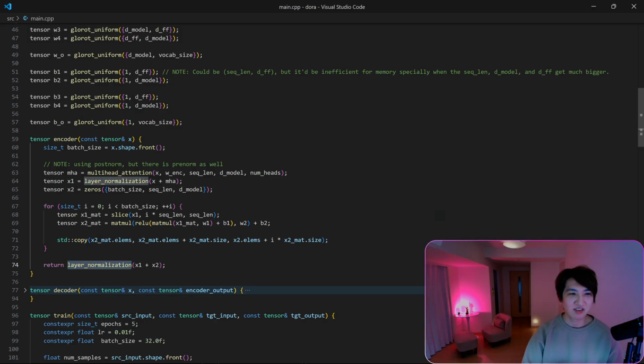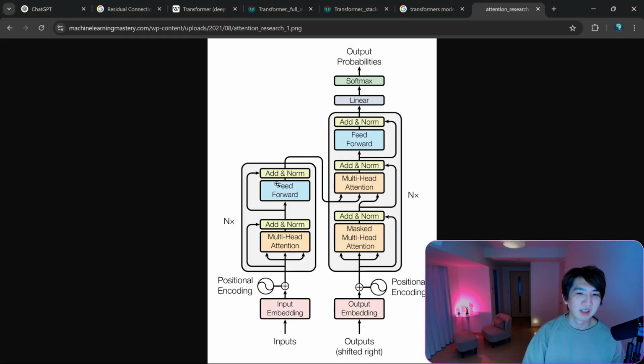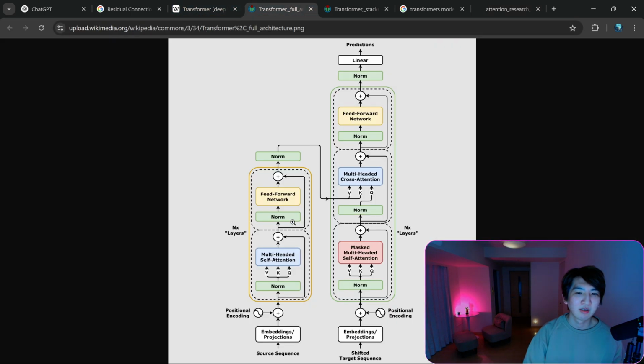Oh, and also I'm using post-norm, but there's pre-norm as well, meaning you'd normalize before passing to multi-head attention and feed forward, which would look like this.